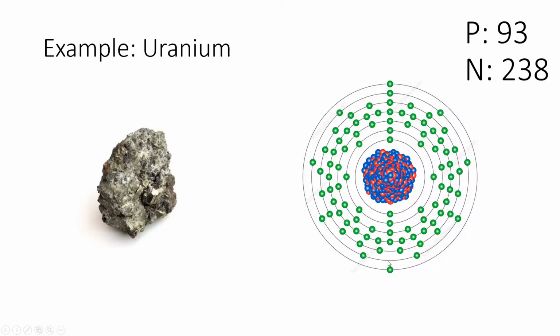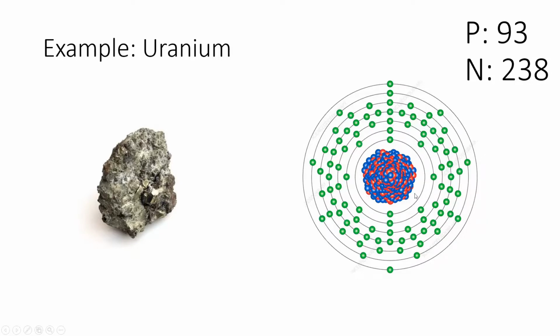So just ignoring all the green ones for the moment, the electrons, let's just look at the protons and the neutrons. Now, compared to atoms like carbon and oxygen, which have only a small amount of protons and neutrons in the nucleus, uranium has an extremely large number, 238 neutrons and 93 protons in the nucleus.